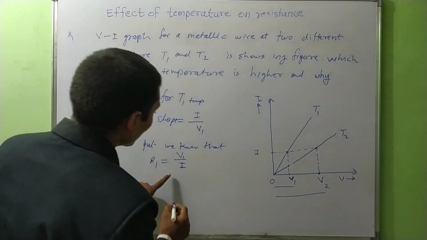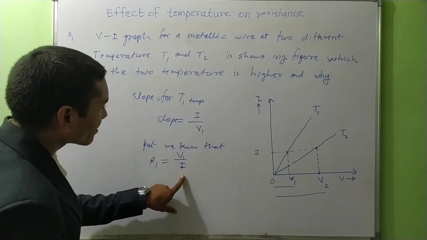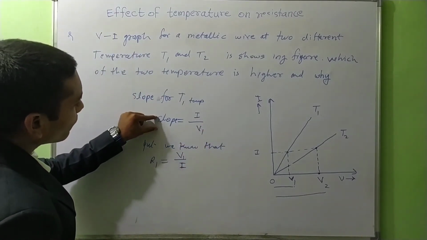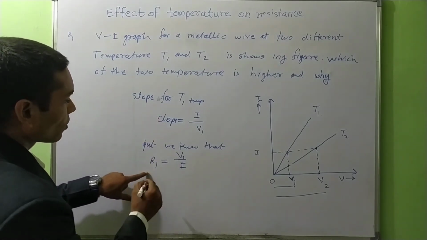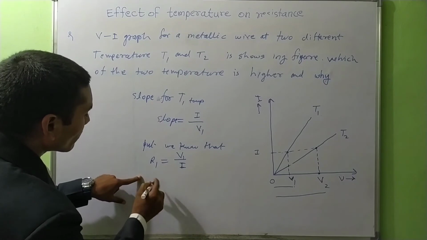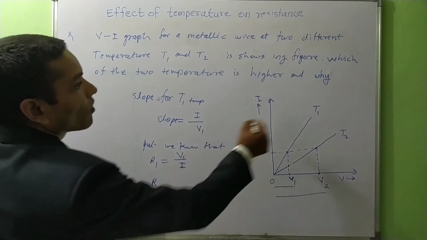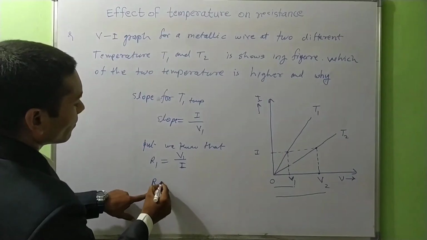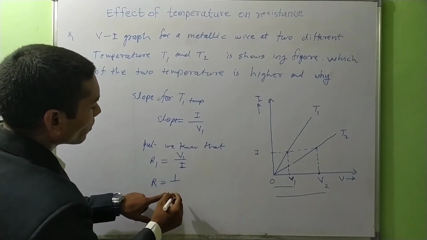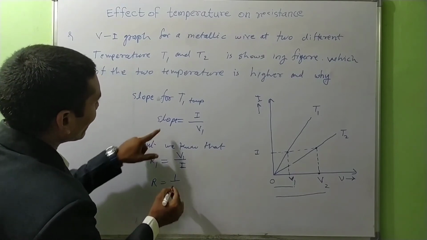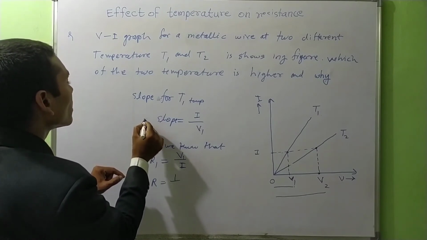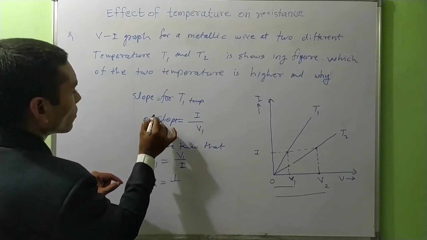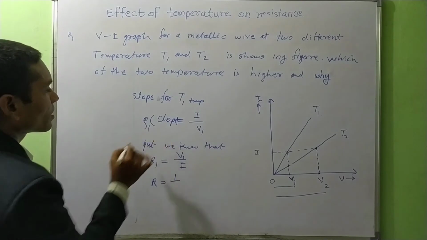Okay, so it is clear from this equation and this that the slope is inversely proportional to the resistance. So the resistance of the conductor for T1 temperature will be equal to the reciprocal of the slope. Let the slope be rho, so this is rho 1.